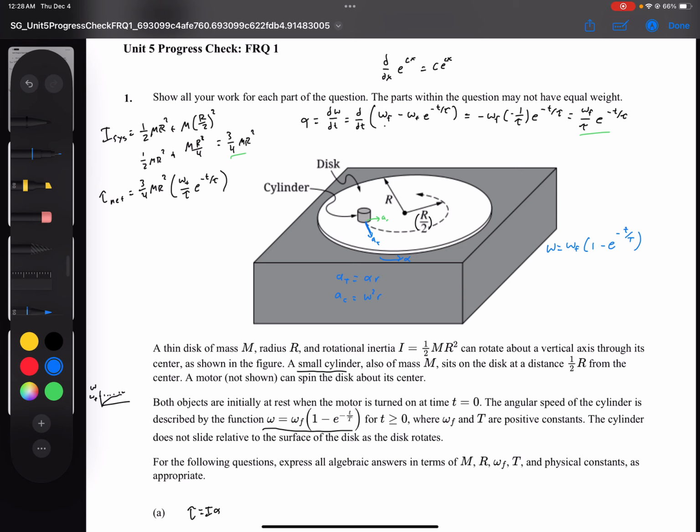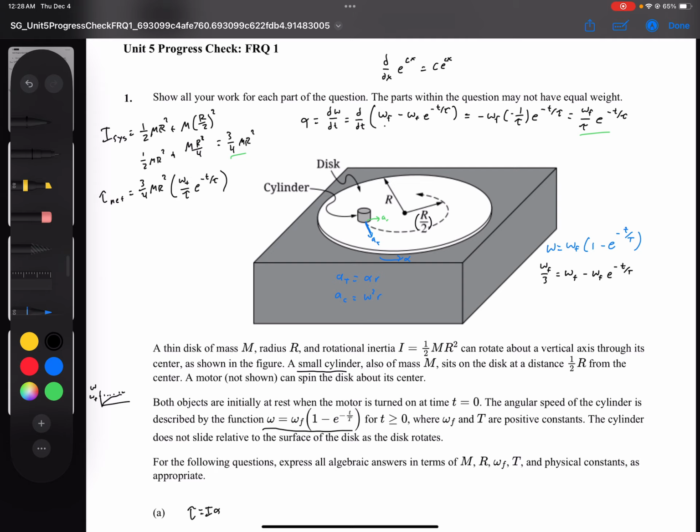All right. And at a point where the angular velocity is omega f over 3, that equals omega f minus omega f times e to the negative t over capital T. All right. And then what I'm going to do is move this omega f over to the other side.